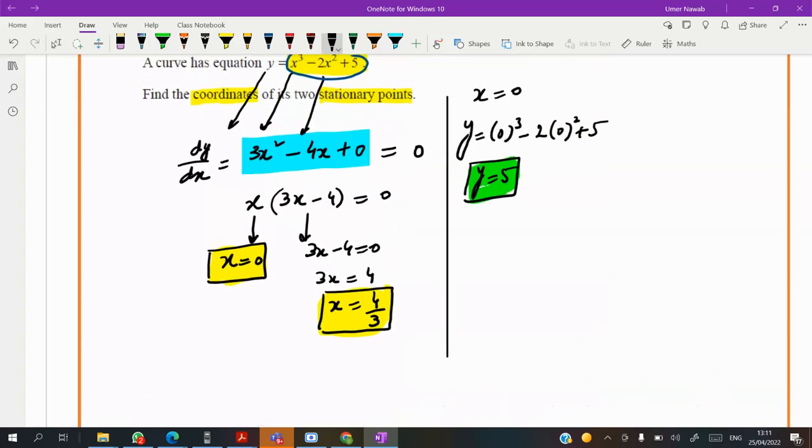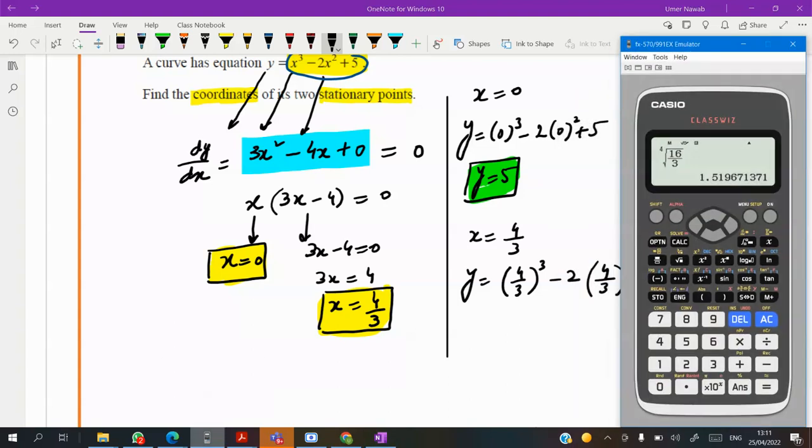Now try to find, when x is equal to 4 over 3, what is the y coordinate? 4 over 3 cubed minus 2 times 4 over 3 whole squared plus 5. Now I will use the calculator.